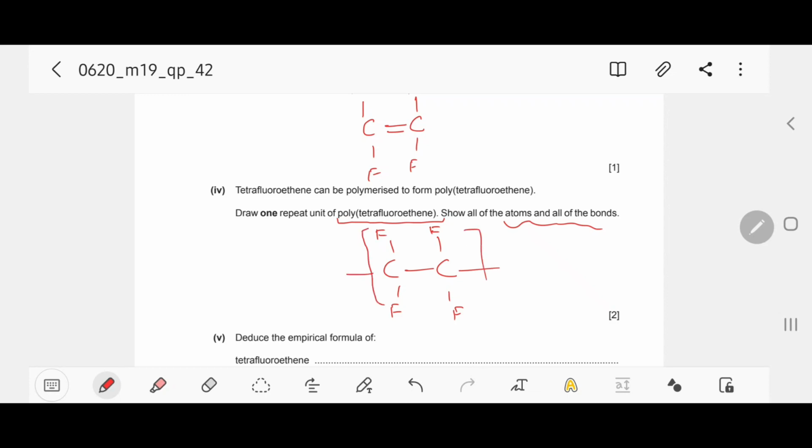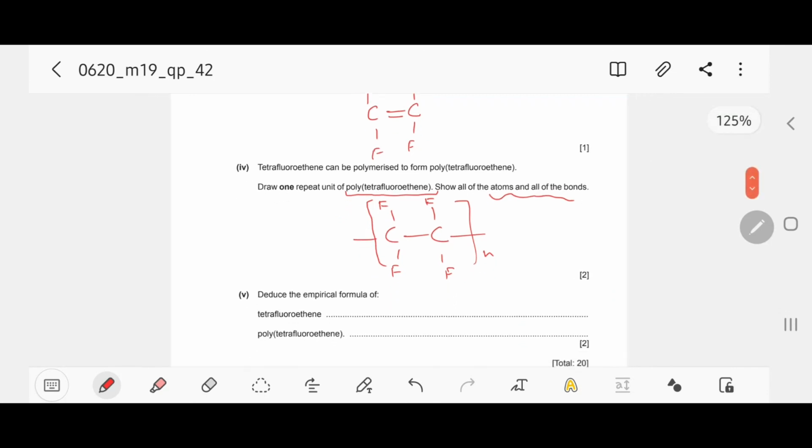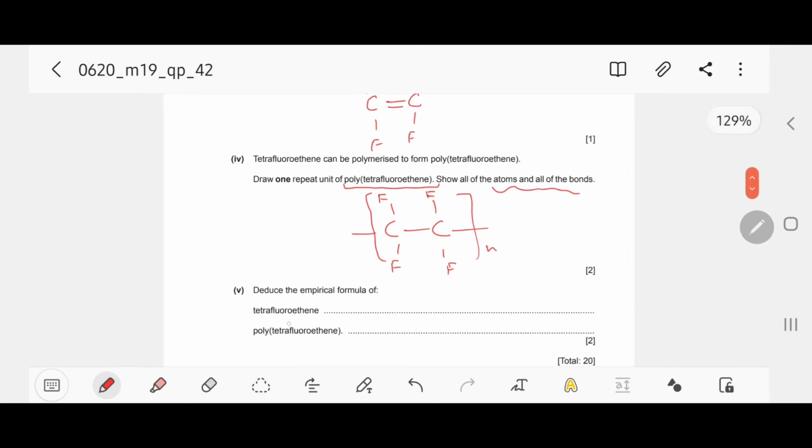This is very important, and the examiner would see this, and you have to write n as the number of atoms. So reduce to the empirical formula. Tetrafluoromethane has this one, and we cannot simplify further, so we will write the same, and polytetrafluoroethane will have the same formula.